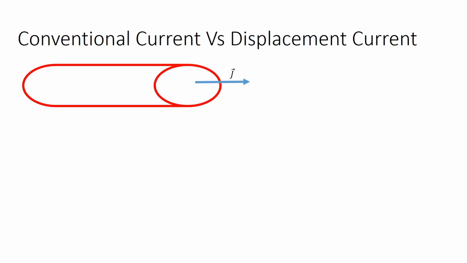Now you know that for any area, the relationship between the current passing through the area and the surface current density is given as integral of J bar dot ds bar. This is for any surface.